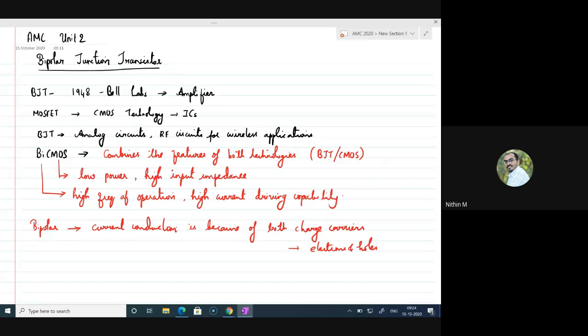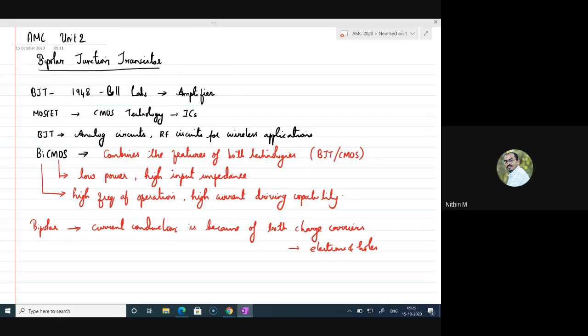The same is the case with a MOSFET. There also we have two types of materials, but in a MOSFET the current conduction is because of only one type of carrier, because the current is between source and drain, which are of the same type, and that is controlled by the gate, which is isolated. The current flows through a channel which is also of the same type.